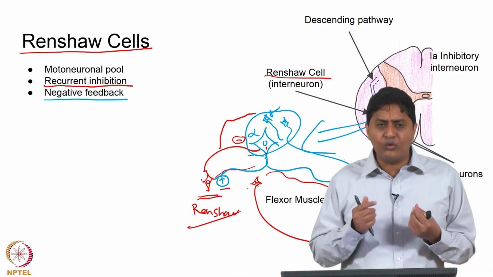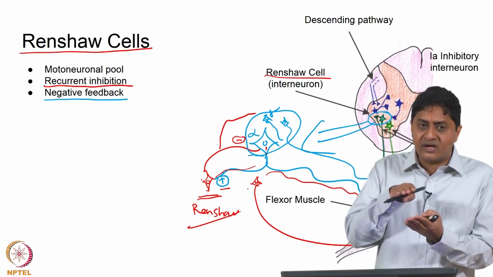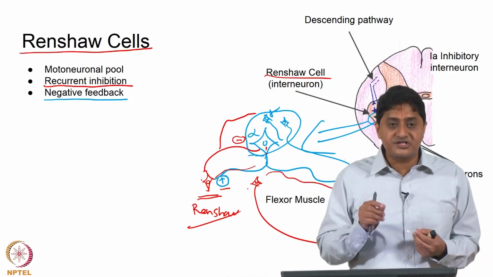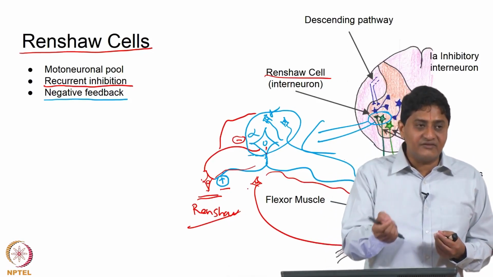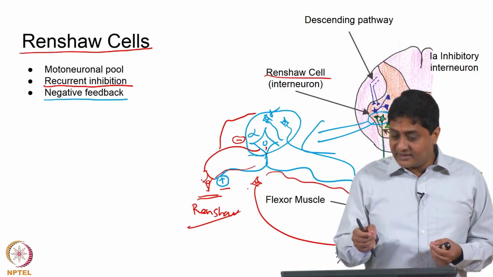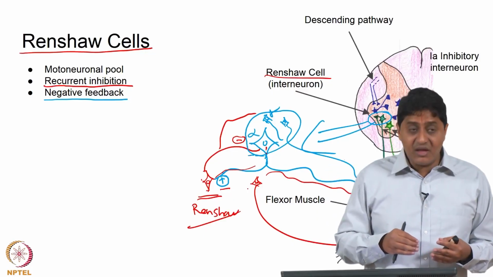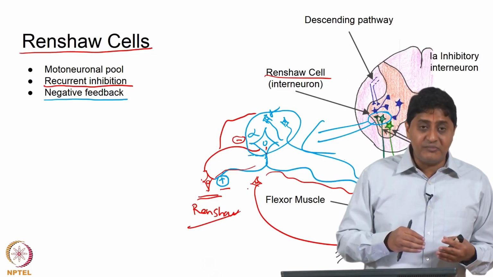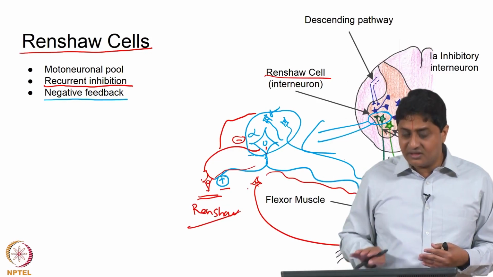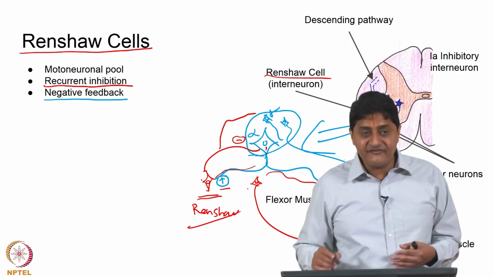Why so much inhibition, why so much control over how much excitation is going? Because it is necessary for us to perform motor functions at that level, and that requires control at multiple levels. Negative feedback at multiple levels functions to ensure that the excitation level does not go beyond limits, causing physical damage.